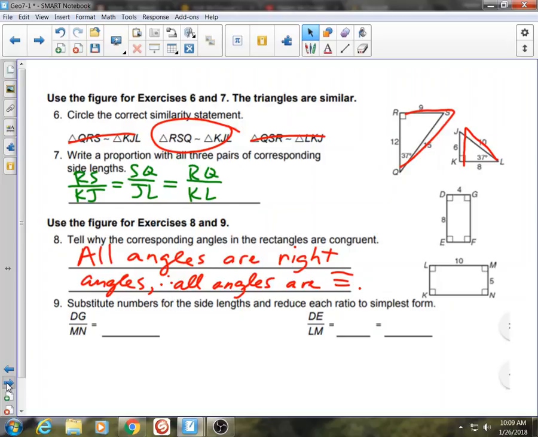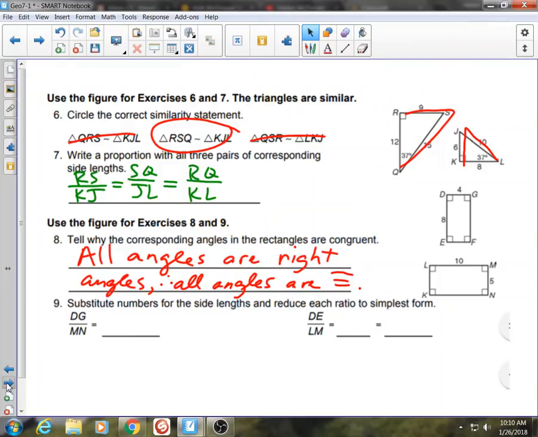Now I'm just worried about what is similar between these 2 figures. I'm going to substitute the numbers for the side lengths here. I've got DG over MN. What is DG? Wait, hold on. We're just doing the number values. 4 over 5, right?